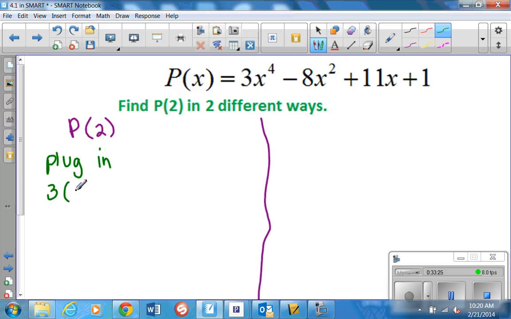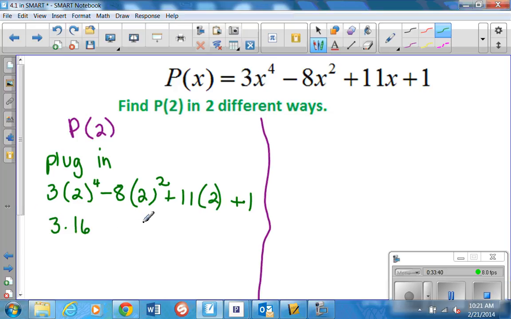So that's going to give me 3 times 2 to the 4th, 8 times 2 cubed plus 11 times 2 plus 1. And somebody be ready with your calculator. Give that to me.